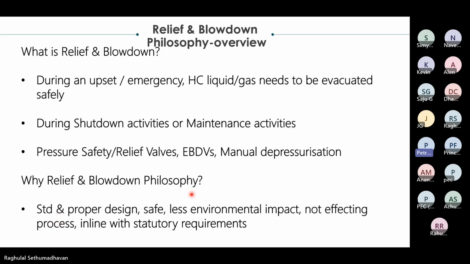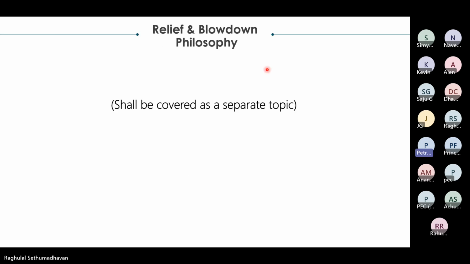It should be safe, with less environmental impact, should not affect the process, and should be in line with the statutory requirements. In depth, I'm not going into this philosophy. Relief and blowdown itself is a huge topic. I suggest someone else try.